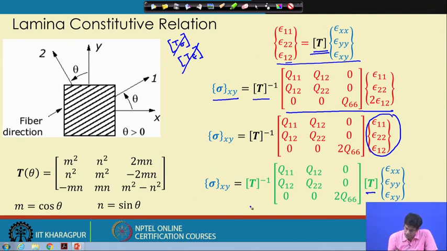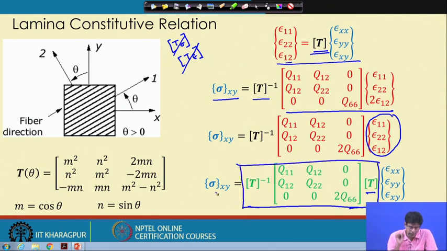So, this quantity now becomes the transformed constitutive matrix in the x y direction. This is the x y constitutive relation for the material in this fiber, this unidirectional lamina.